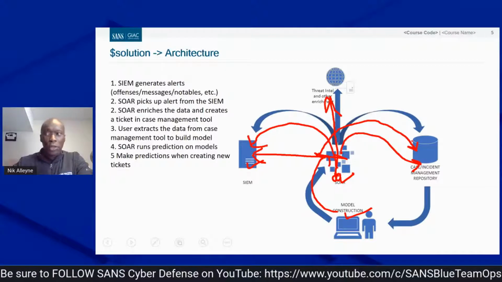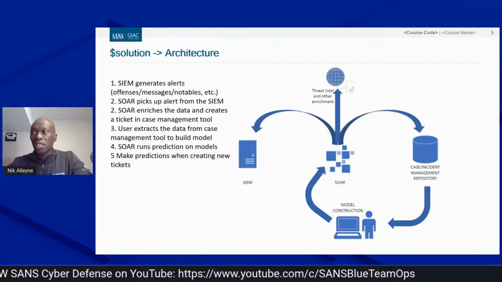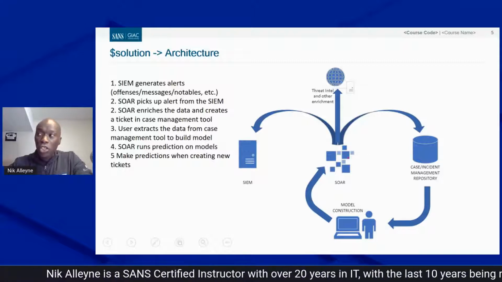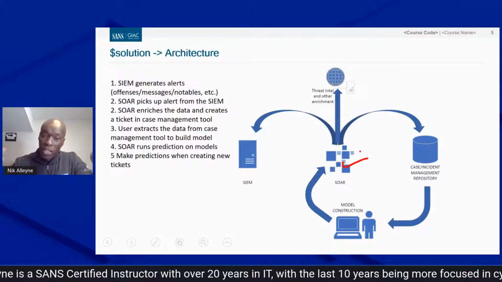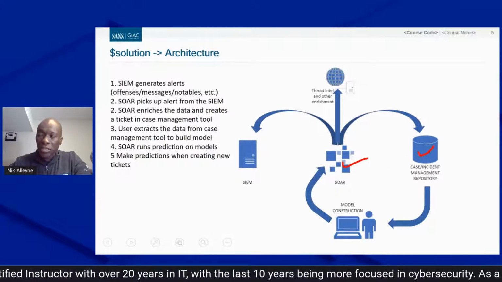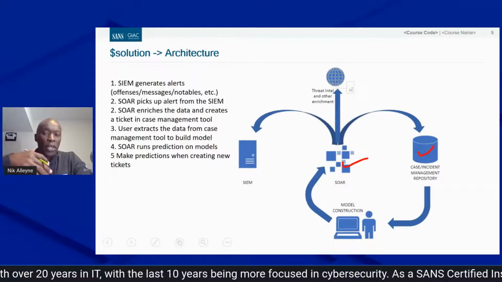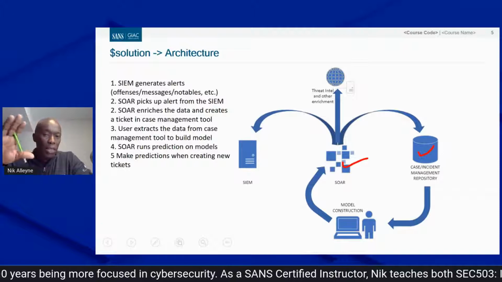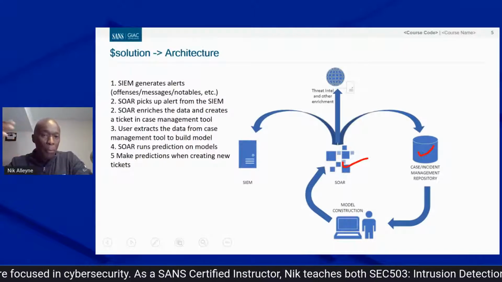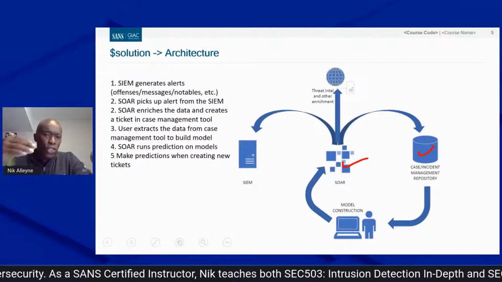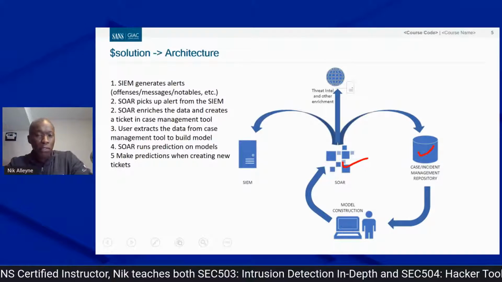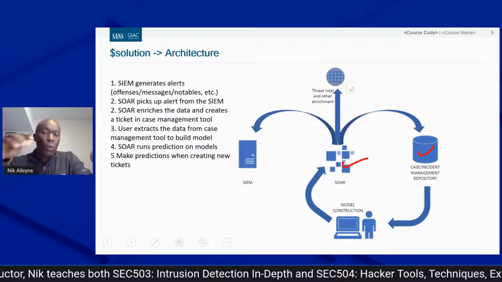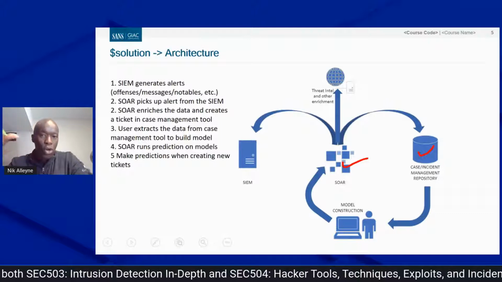So this is what we're trying to do today. We want to use machine learning in conjunction with our SOAR tool or any other tool to be able to predict, when a ticket is being created, whether or not that ticket is more than likely a true or a false positive. And do note, I said more than likely, but we are not going to look at the probability side of it in terms of checking whether it is 0 or 0.5 or 0.7 or 1. We are just going to make a decision: true or false positive.